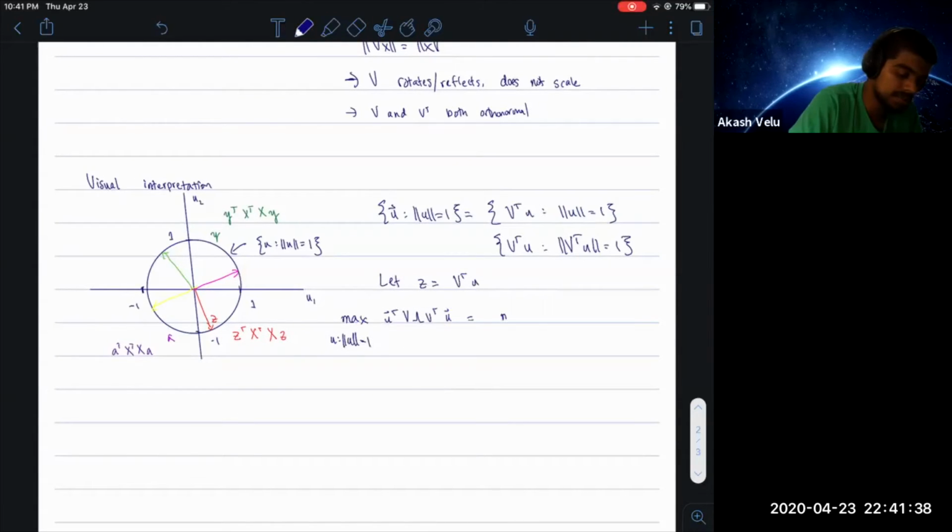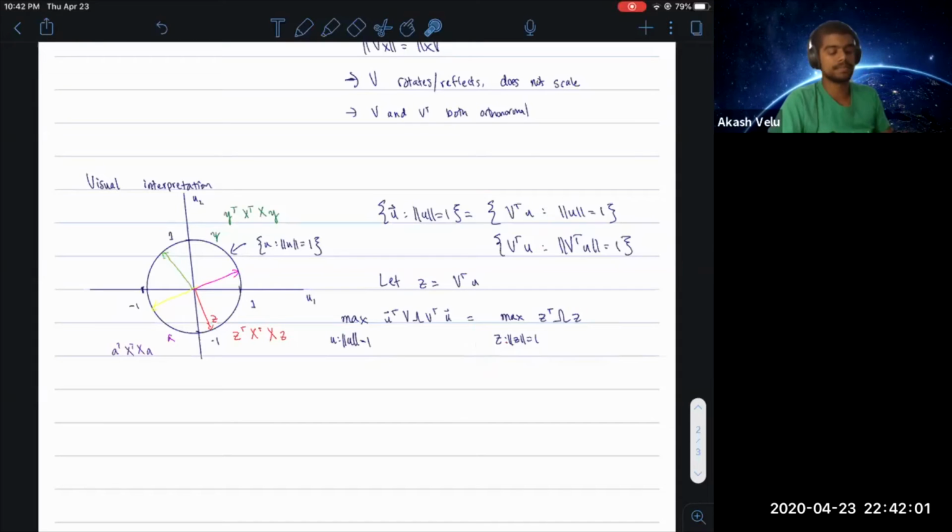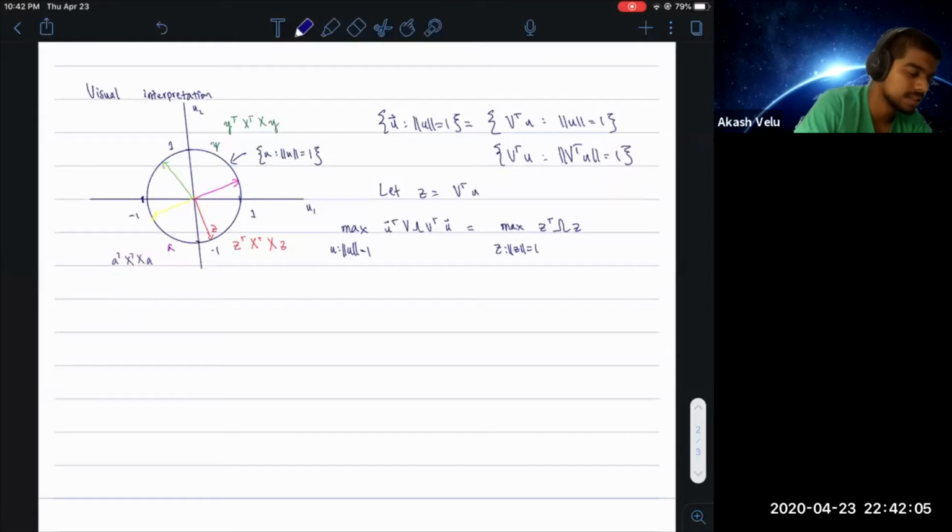So this is going to be the same as the maximization of now z transpose lambda z, and the set of choices that we are optimizing over is now z such that norm z is equal to 1. And all we've done here is plug z into this. So remember that we showed that these two sets are equivalent. So plugging z in gets us this.